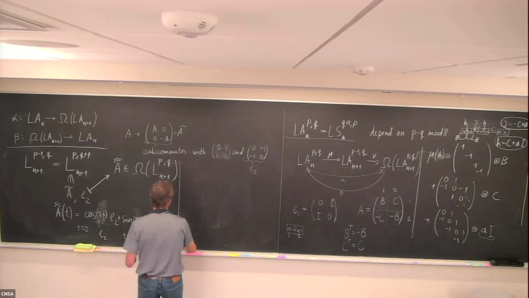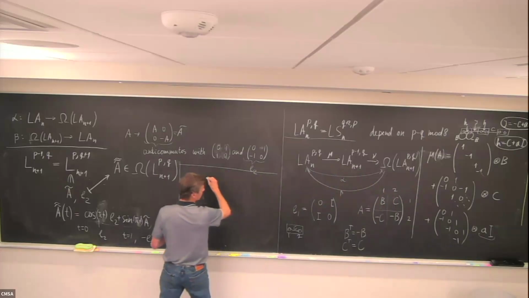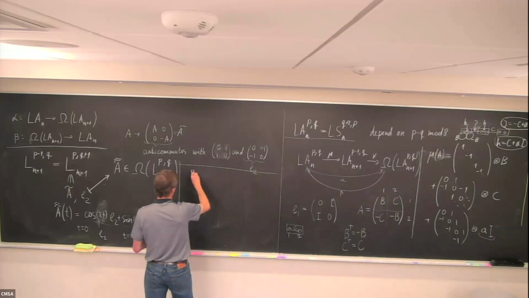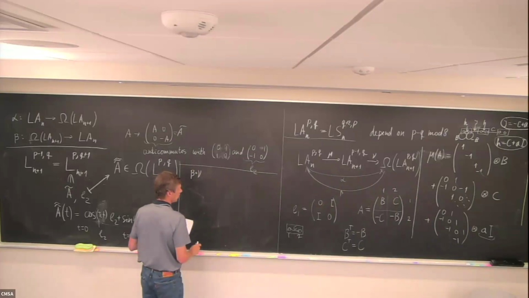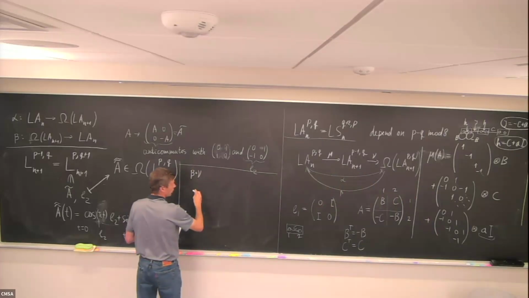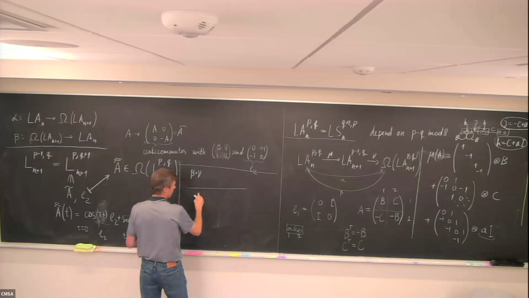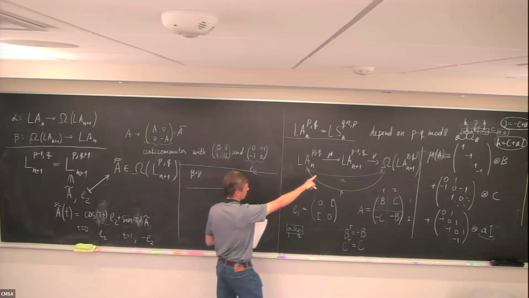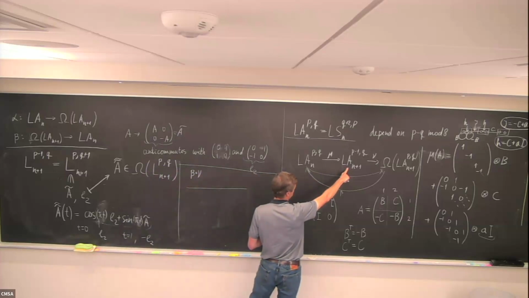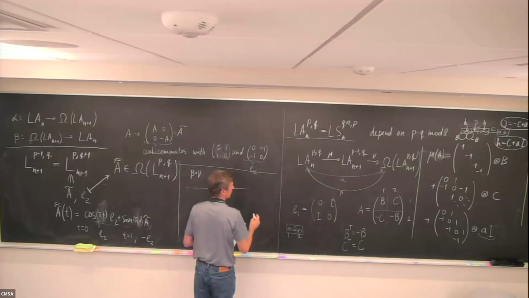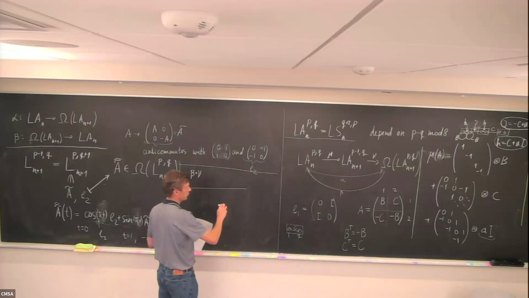So beta composed with nu has this simple picture. We have an n plus 1 dimensional system that depends on a parameter.